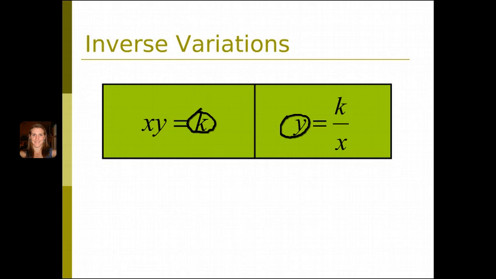Same thing for inverse variation, just depends on which one's easier. Inverse variation is a curved line that does not pass through the origin.